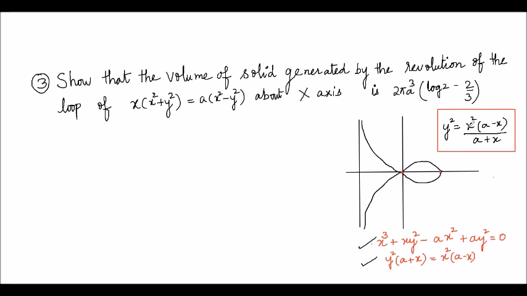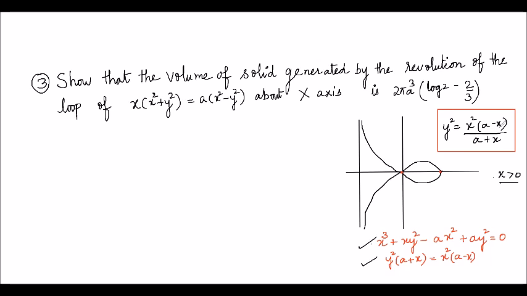In the right hand side, the numerator has x², which is always positive. Then a − x may be positive or negative depending on x. Similarly, in the denominator a + x may be positive or negative. If x is greater than 0, then a + x is positive, and x² is always positive. So the sign of y² depends on a − x.